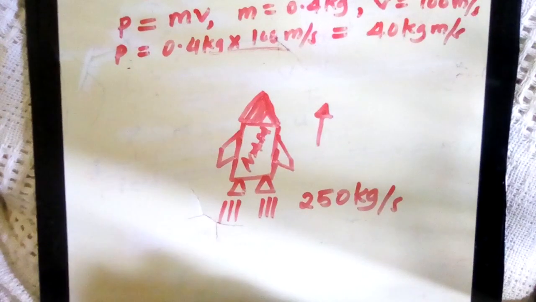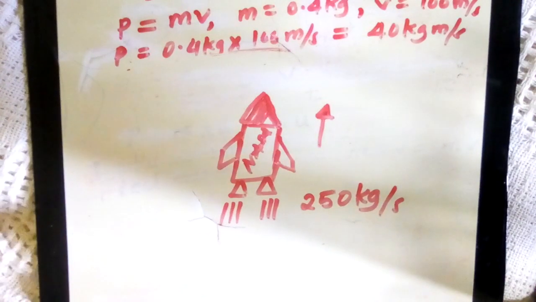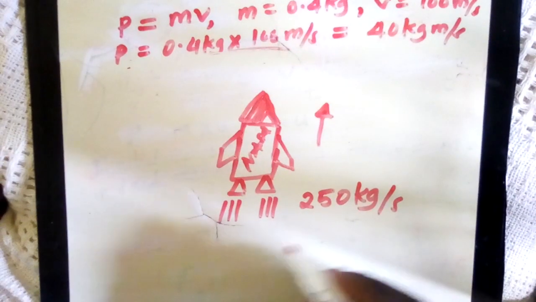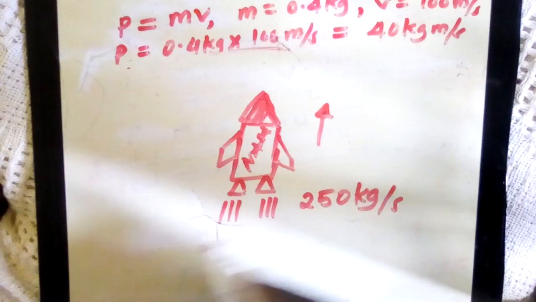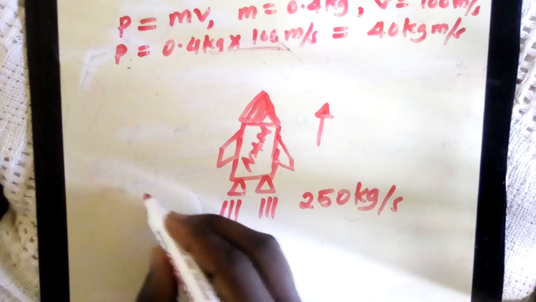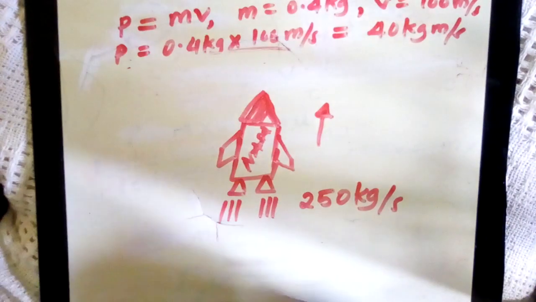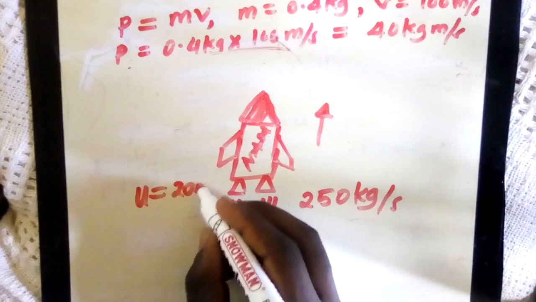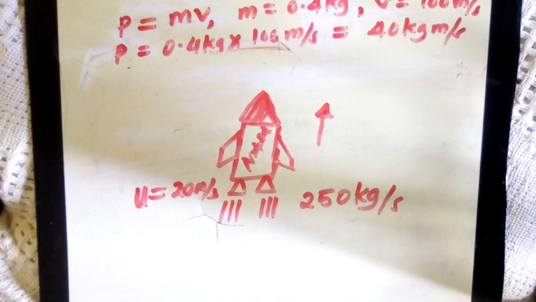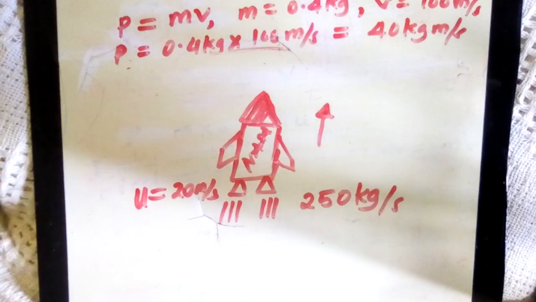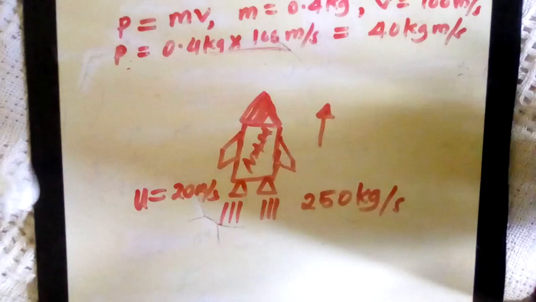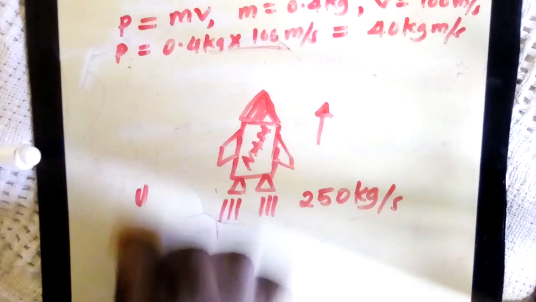Right? And let's say the rocket initially has an initial velocity of maybe 20 meters per second, right? And then, well, no, let's not assume that this rocket had an initial velocity of 20.